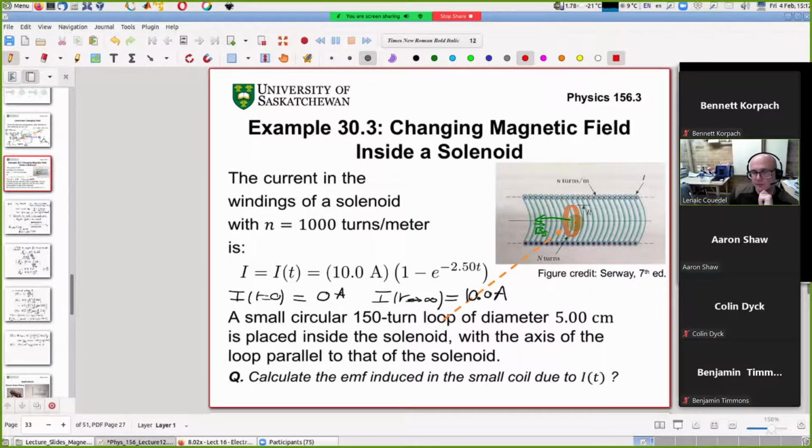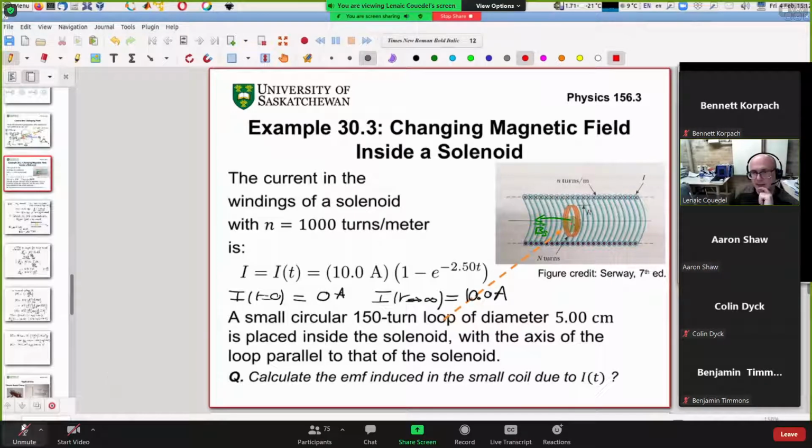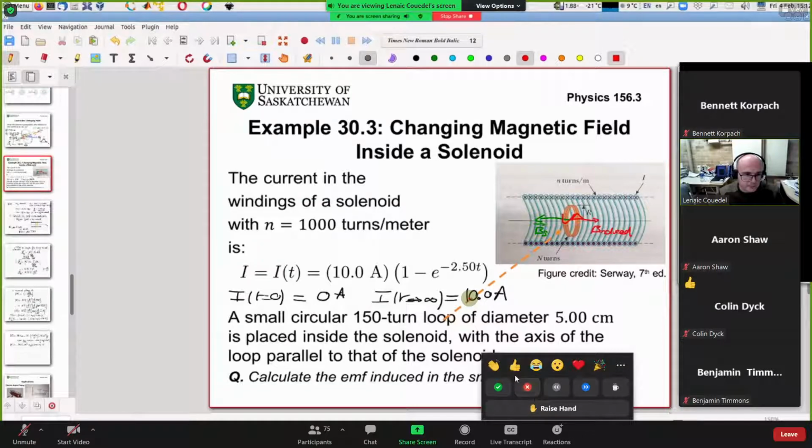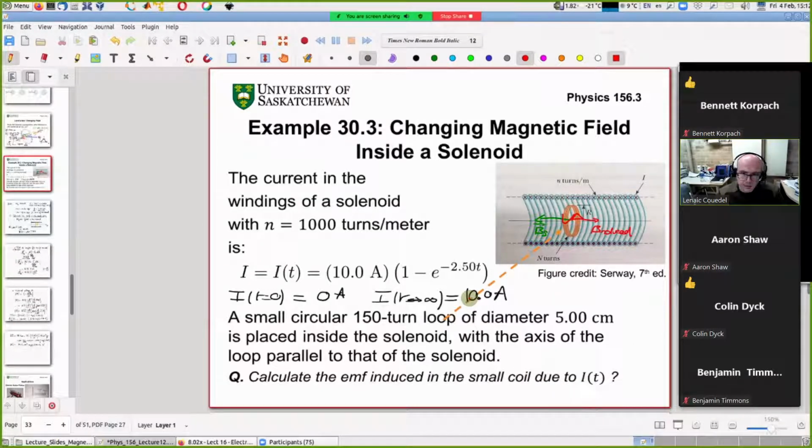So the field first, not the current, the magnetic field. Positive I hat. Yes, so B induced is like that. So now how must the current be? Counterclockwise. Yes, you use the right-hand rule and the current must be counterclockwise. Exactly. Does that make sense for everyone?